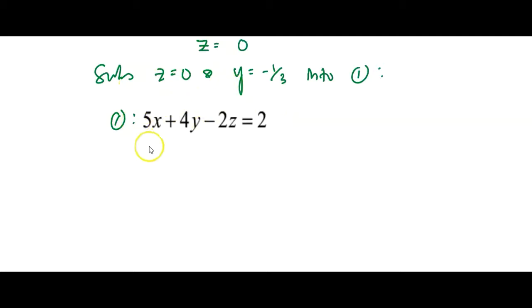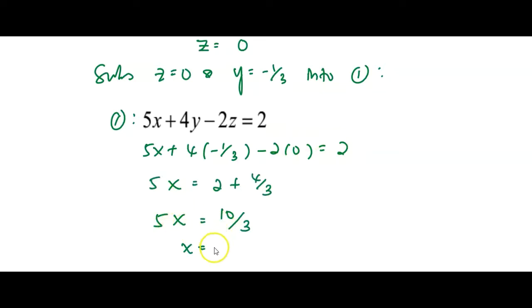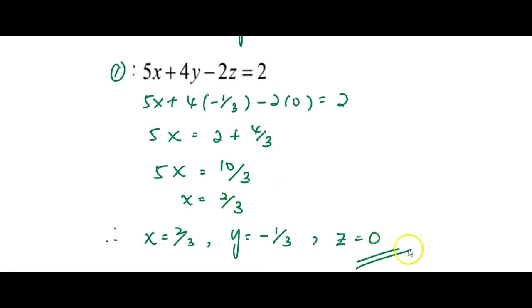I'm going to substitute z equals 0 and y equals negative 1 over 3 into it to solve for x. We got 5x equals 10 over 3, and divided both sides by 5, we have 2 over 3 for x. So we can conclude that the solution is x equals 2 over 3, y equals negative 1 over 3, and z equals 0.